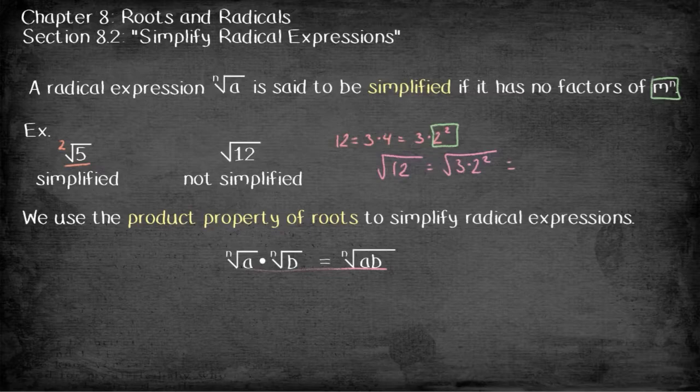But according to this property, we can write that as 2 separate radicals. And we know that the square root of 2 squared is just 2. So this is square root of 3 times 2. And it generally looks nicer if we have the non-radical number on the left side of the radical. So now we have 2 square root of 3, which is simplified because there are no other square factors inside the radical.